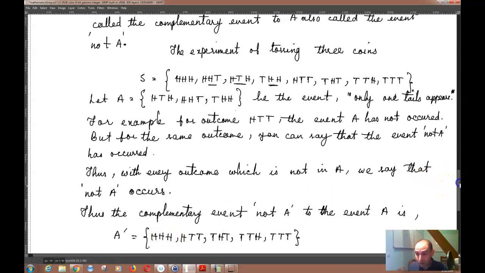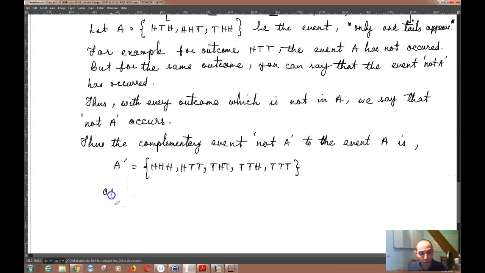Or you can say that A prime is omega such that omega belongs to S and omega does not belong to A, which is of course the same thing as S minus A. So that's the two complementary events, A and A prime.